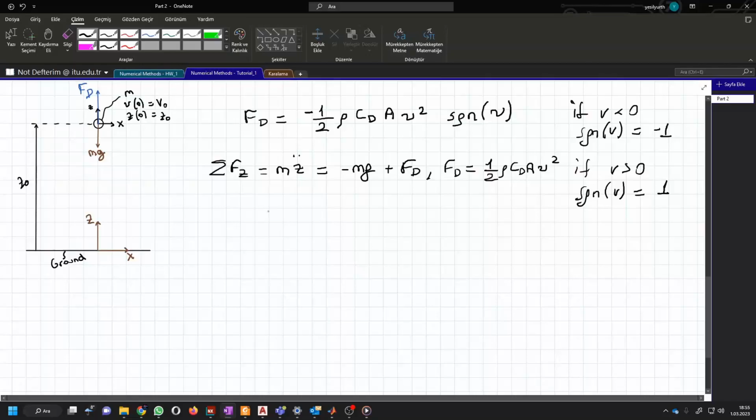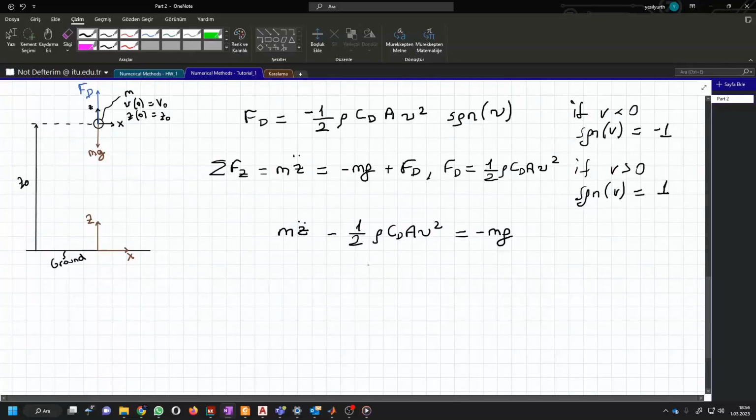1/2 rho Cd A V squared. So my equation will become like this: m times z double dot minus 1/2 rho Cd A V squared will be equal to minus mg.